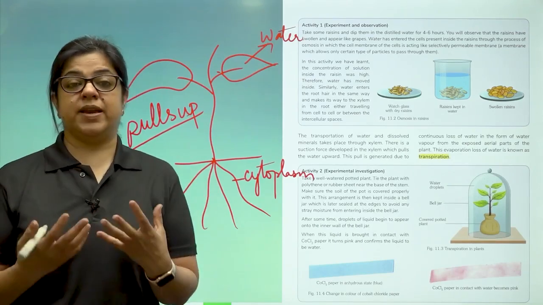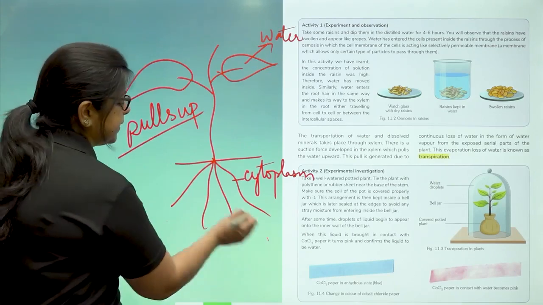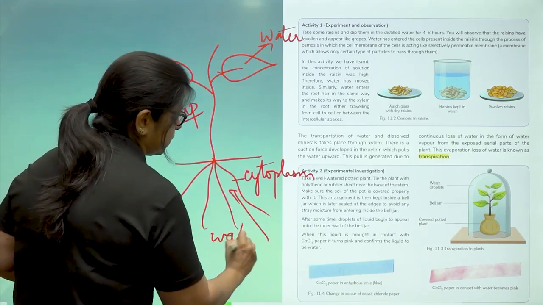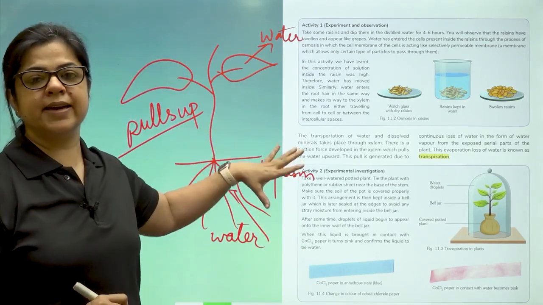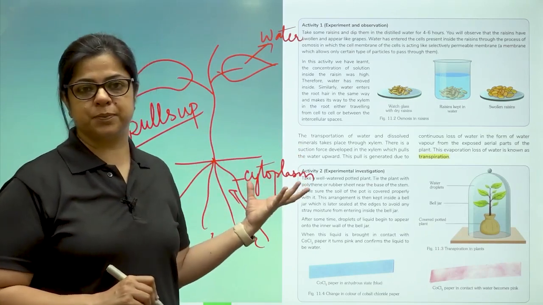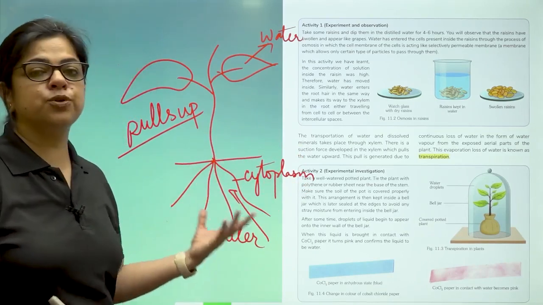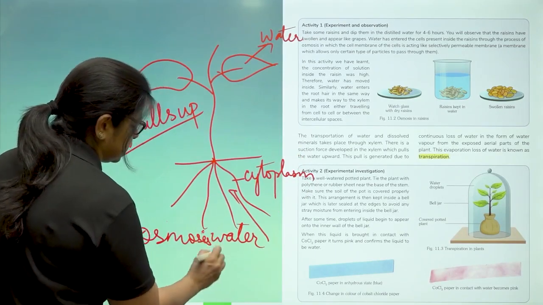In the cells, whenever there is a concentrated area, it will automatically attract water. It will try and absorb water so that it can take care of the concentrated solution that is there, the cytoplasm. And this kind of absorption of water is known as osmosis.